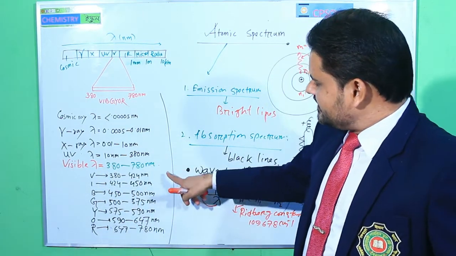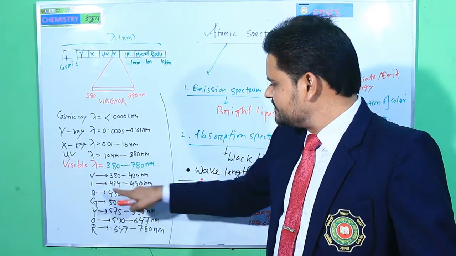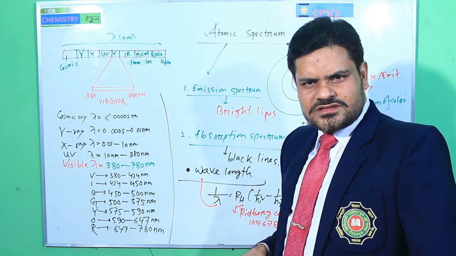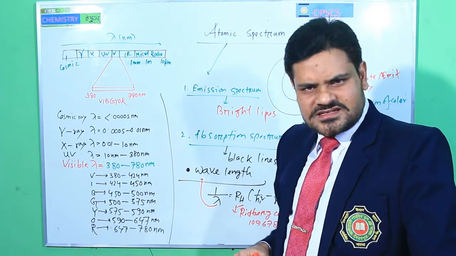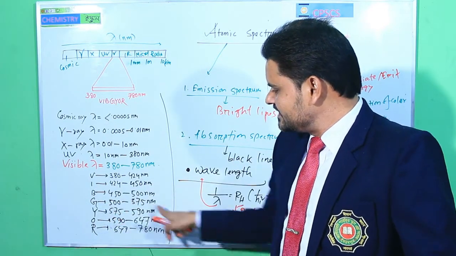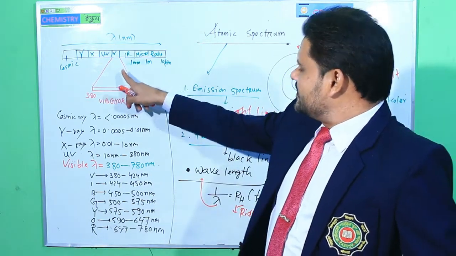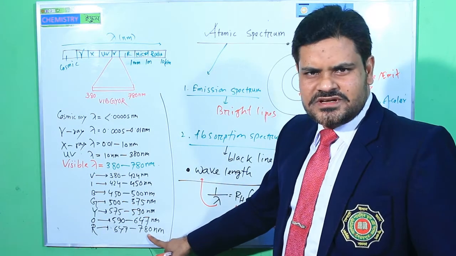Now here I write down separately for each color: violet is 382 to 424 nanometer. If the wavelength is in this range, then the spectrum will be violet color, like indigo, blue, green, yellow, orange, and finally red. Red color is 647 nanometer to 780 nanometer.